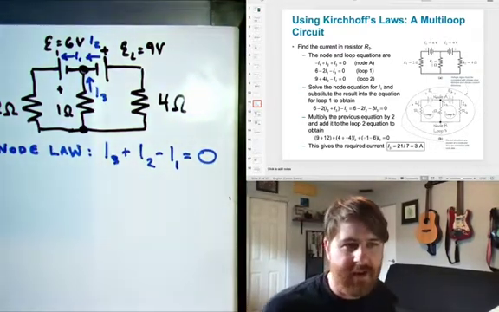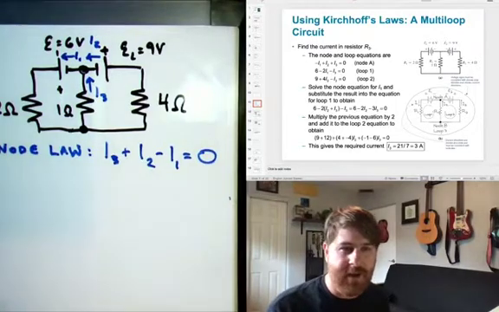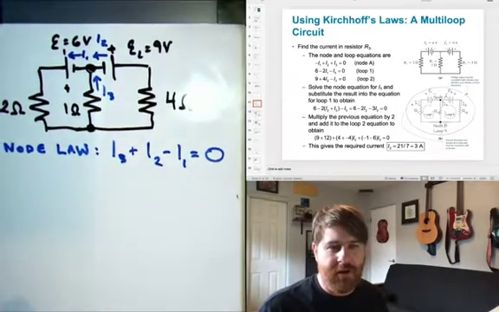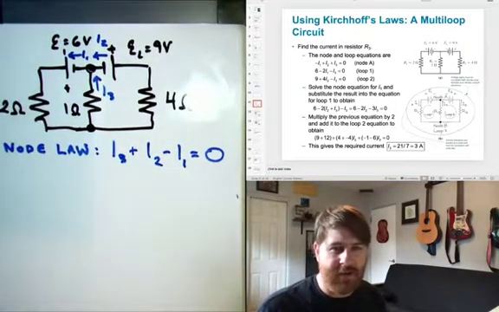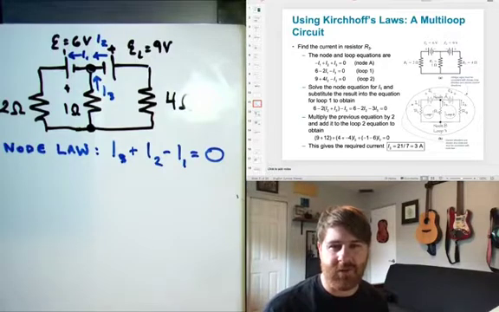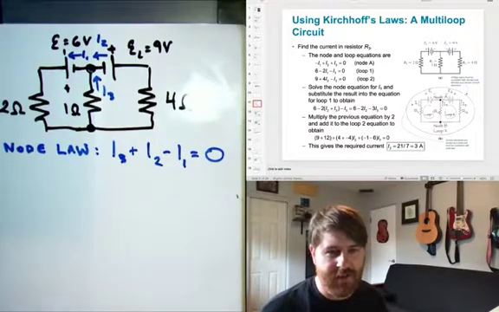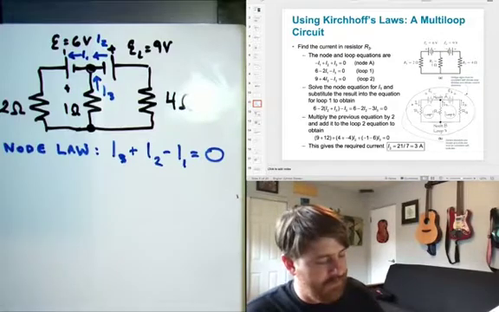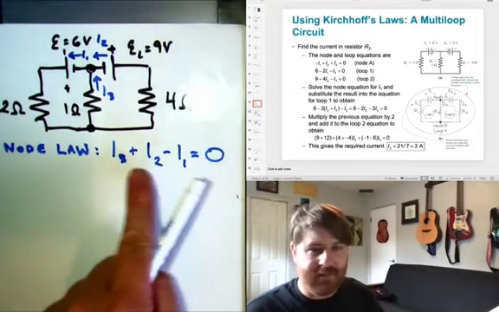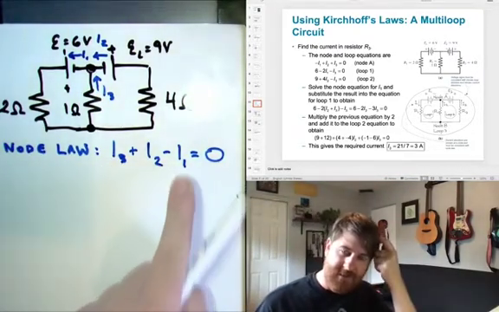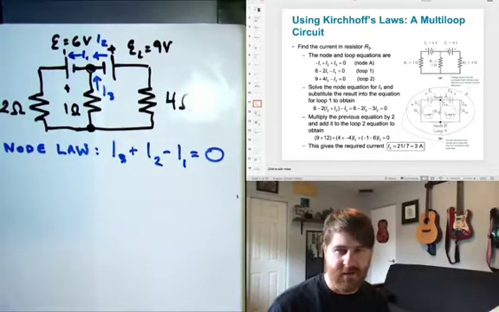And this is the first expression that I want to write down. The node law always comes first in defining your currents, because when you solve a system of equations, there are no coefficients in front of these things, and it makes it a lot easier to solve. So that's always the first place to start.